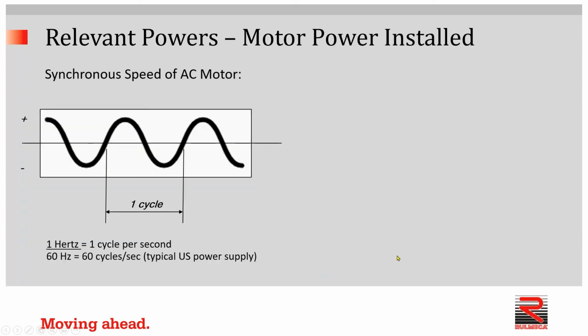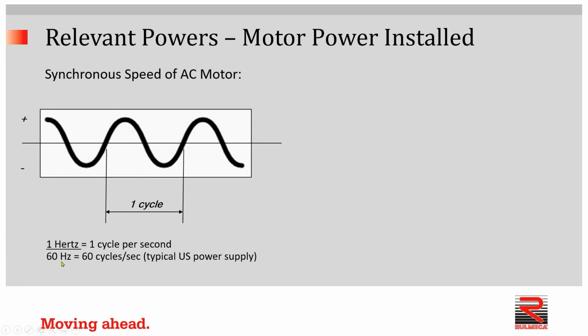Now let's look more carefully at the synchronous speed of an AC motor. We can define one cycle as 1 hertz. So our current will change polarity from neutral to positive, back through neutral to negative, back to neutral in 1 cycle. And in a typical US power supply, this happens 60 cycles per second.